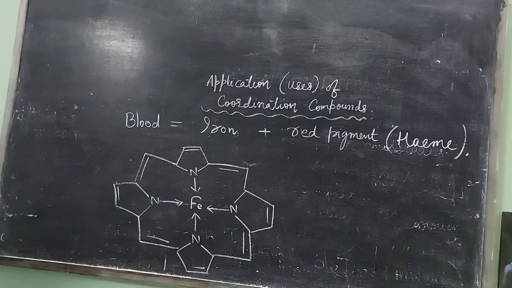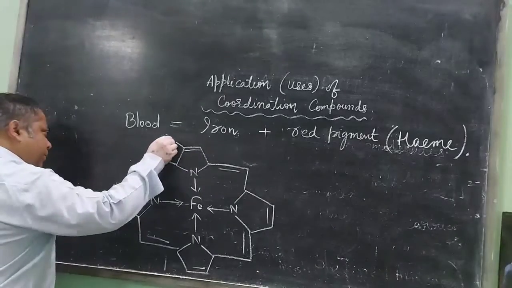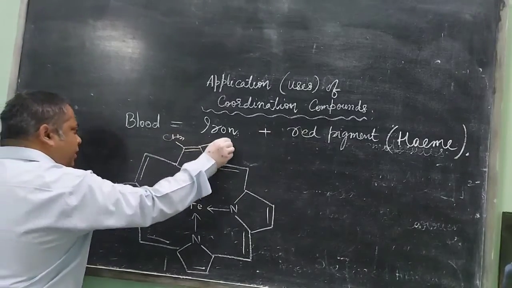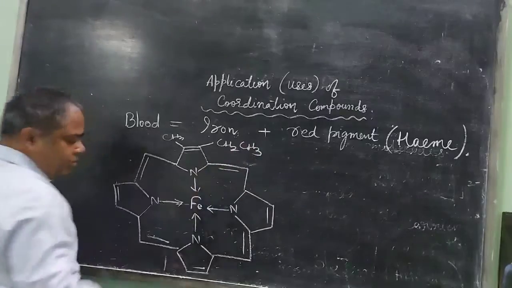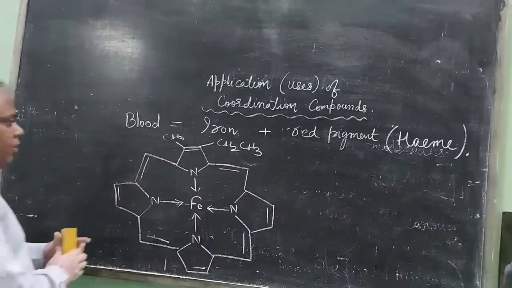After that, there are some groups, like here, methyl group is there, here, ethyl group is there, okay, ethene.